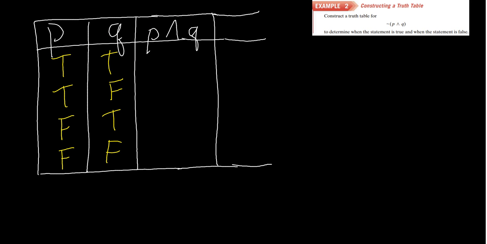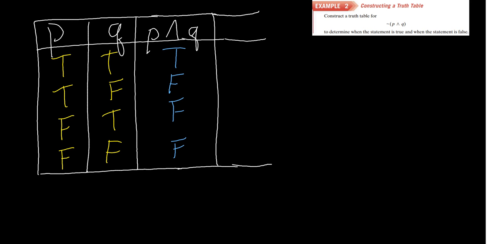So we have true, true, therefore this is true. True, false, therefore this is false. False, true, therefore this is false. And false, false, which is obviously going to be false. Okay, so that was P and Q.